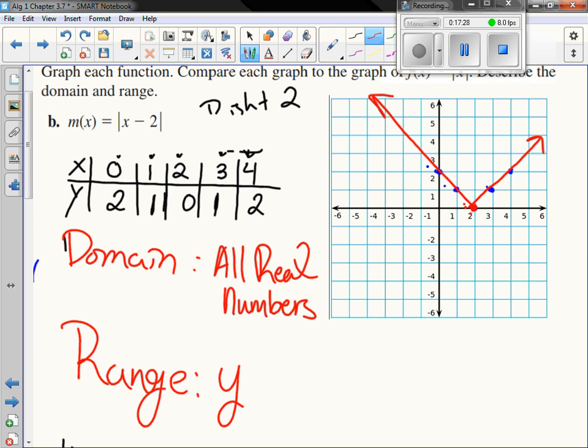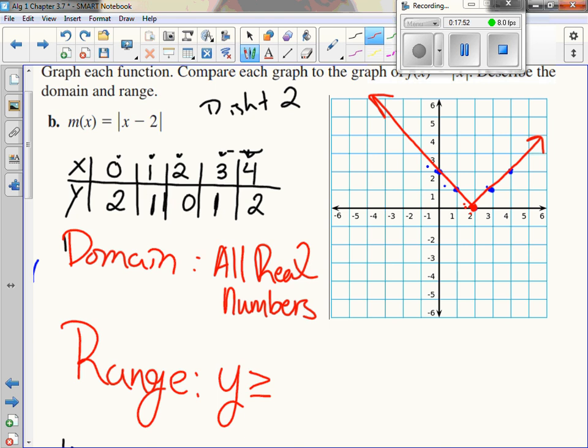Now looking at the values on the y-axis, is the graph going up or down? Up, yes? So all the values of y are going to be greater than or equal to, because if it's opening up, if it's going up, the range is going to be y is greater than or equal to a number.